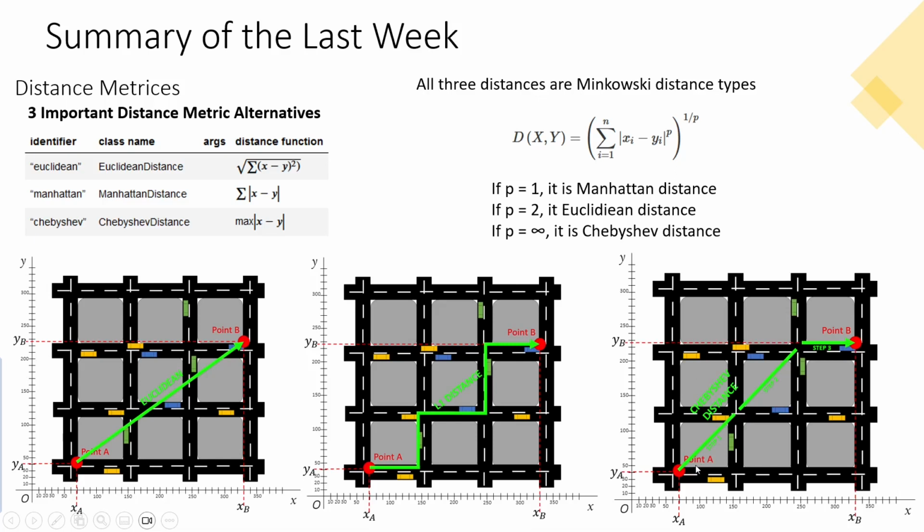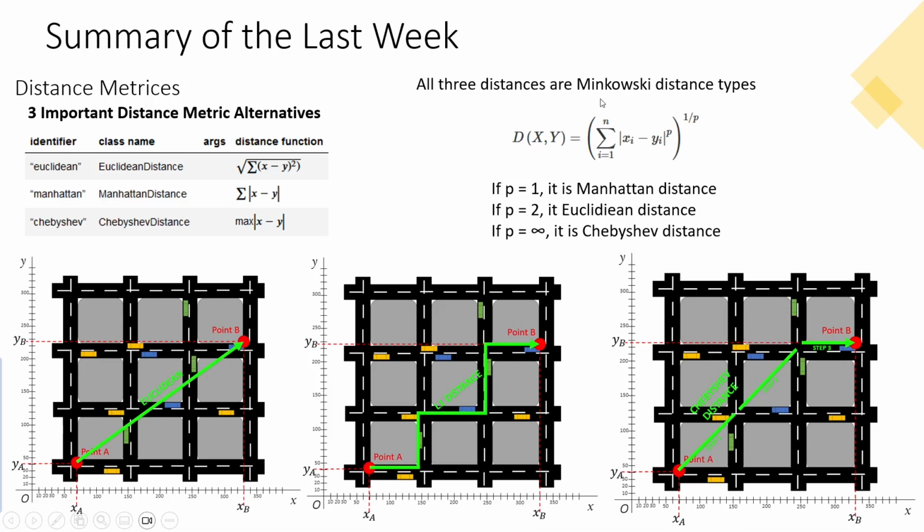And if you move as the king in a chess game moves, such that you can either move diagonally or in this direction or in this direction, then that's called the Chebyshev distance. All 3 have different usages. Usually we use Euclidean distance in our calculations. Sometimes we use Manhattan distance. Sometimes we use Chebyshev distance.